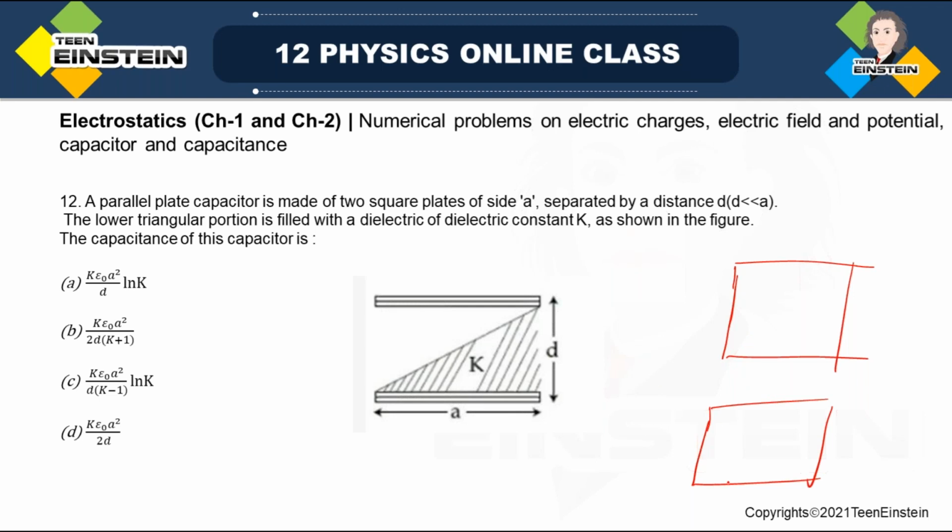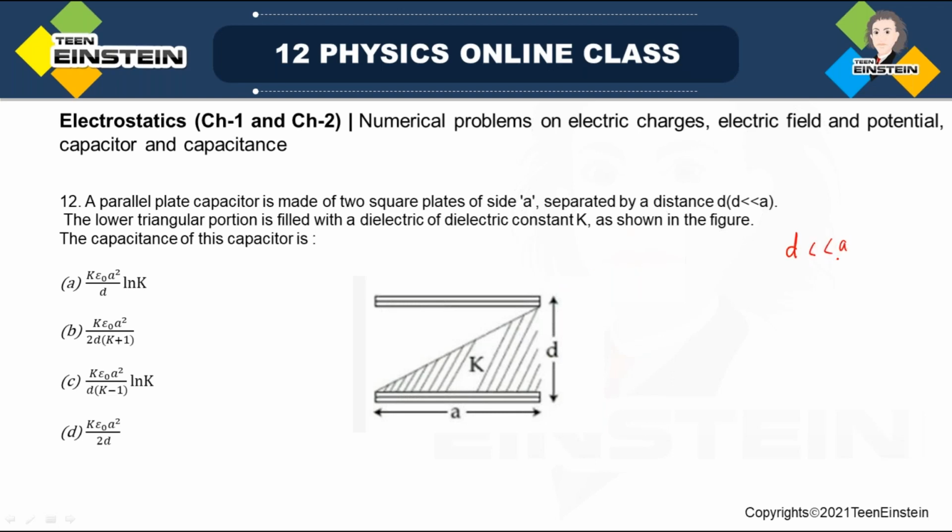As you see from the figure, the sides are A, separated by a distance D, and the separation is much less than A.